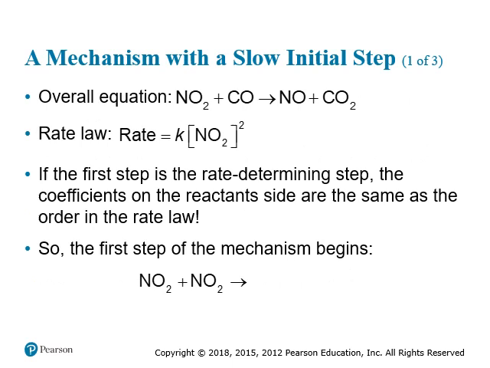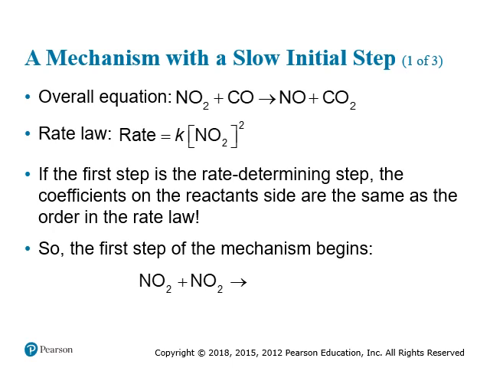Here we see a reaction mechanism with a slow initial step. In the grand scheme of things, the reaction that we want to consider involves the combination of nitrogen dioxide with carbon monoxide in order to form nitrogen monoxide and carbon dioxide.